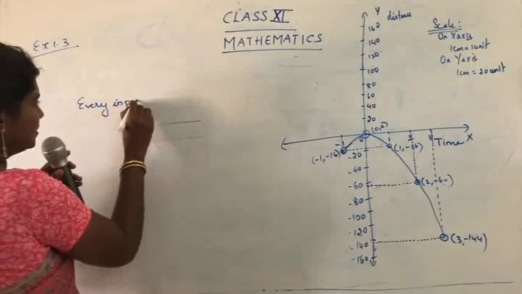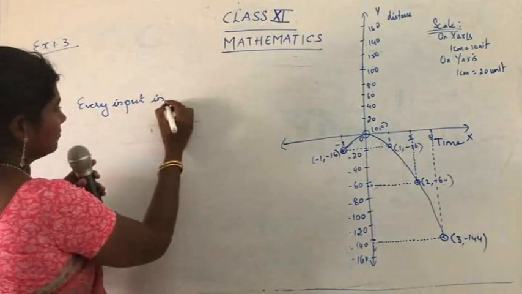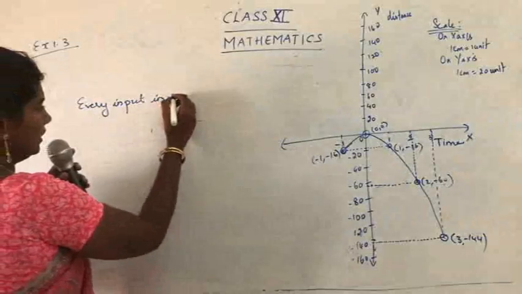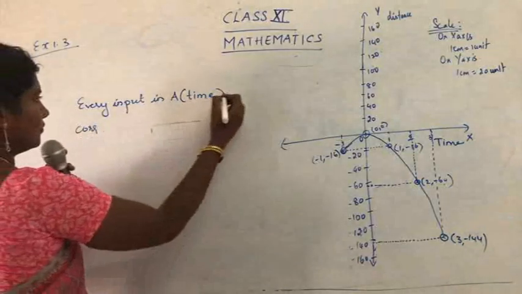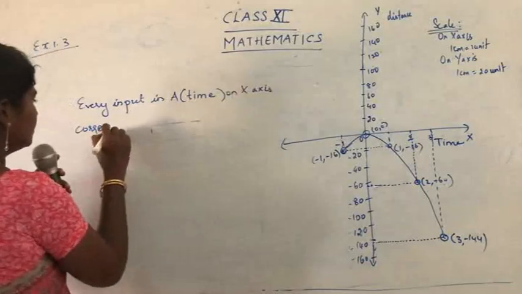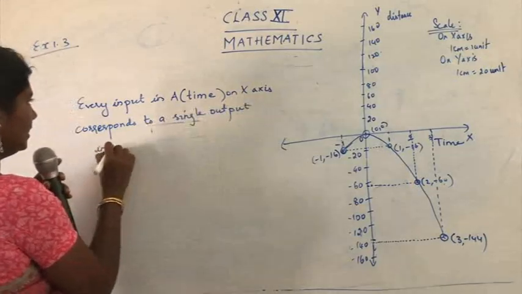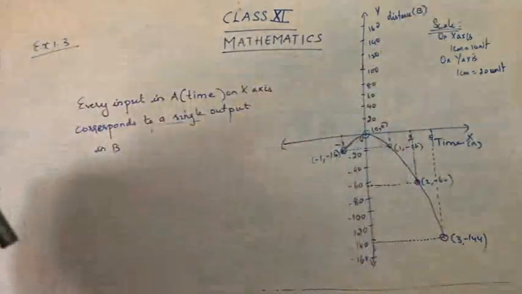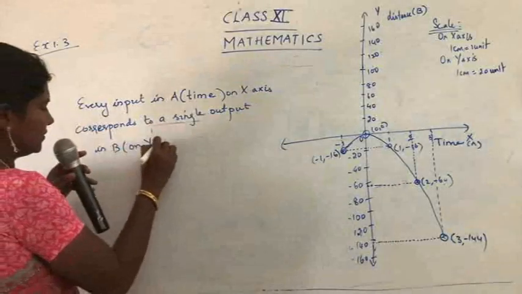Every input in A, that is time, I'll just take it as A, and here I'll take it as B. So every input in A, that is time, on the x-axis corresponds to a single output in B. So I get a single output from B, and that is on the y-axis.